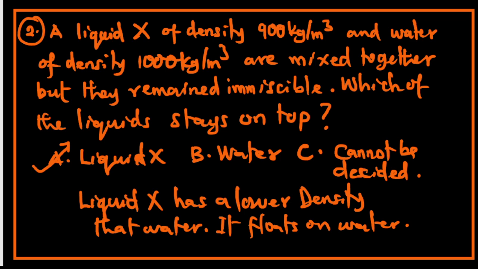When you mix two liquids that are not mixable together, the one of higher density always stays below, while the one of lower density stays on top. So for instance, when you mix water and this particular liquid, water has 1000, this liquid has 900, so liquid X is going to stay on top.